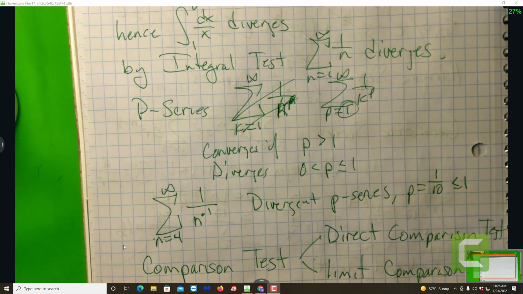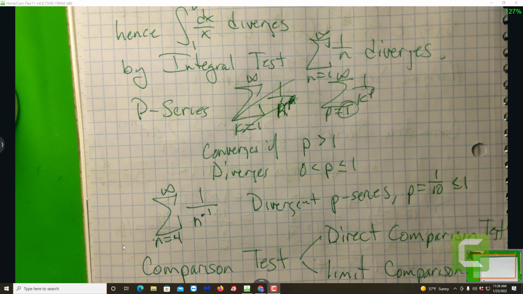What both of them tell you to do is compare the series that you have to something you know something about. Based on that, if you show certain things, you can say that they both converge together or they both diverge together.